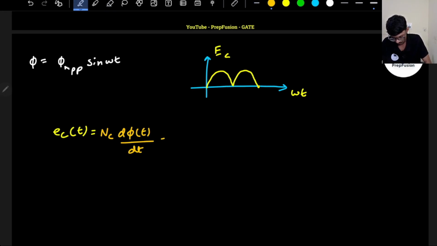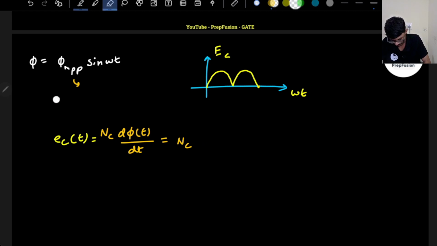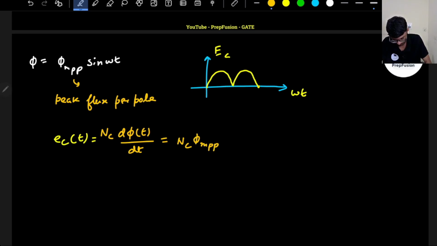Okay, so this value will be NC into d phi over dt. Phi m is basically the peak flux per pole. So NC into phi m peak to peak, and omega will be there, and this will be cos of omega t, whatever this value is.